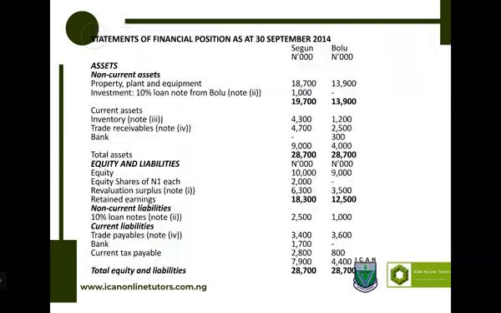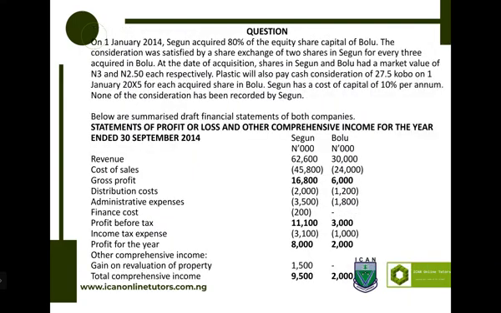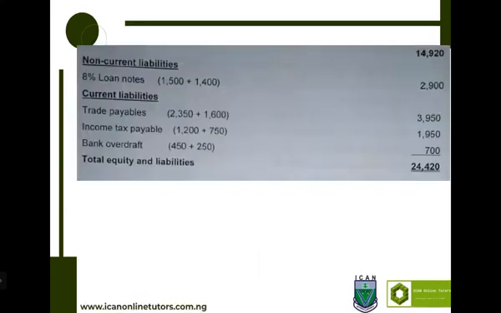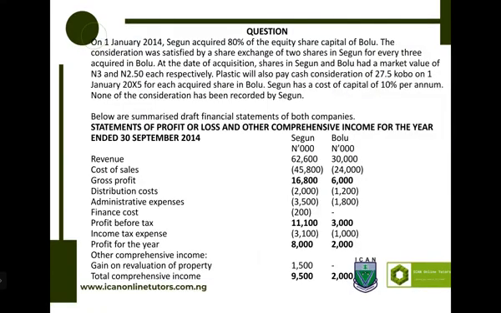So let's go through the question. This is just an advanced question. Okay, let's go through the question and let's solve. The first one we did was just the statement of comprehensive income, and that one was just the statement of financial position. Now we are examining both the statement of comprehensive income and the statement of financial position.